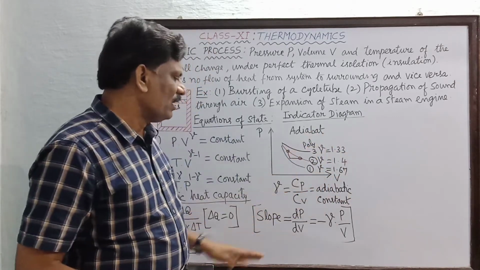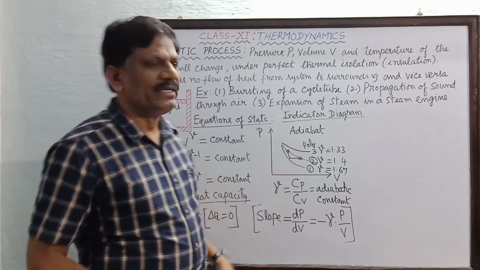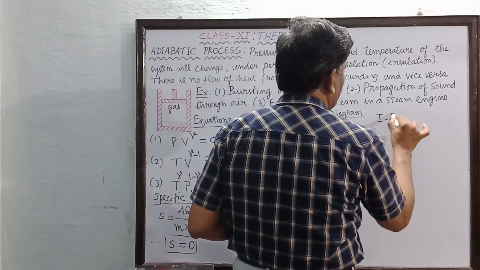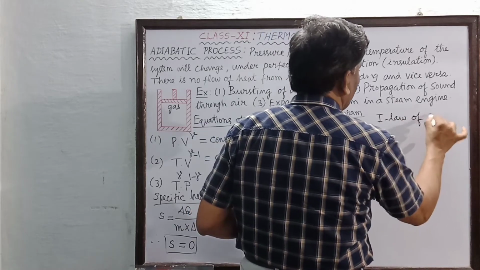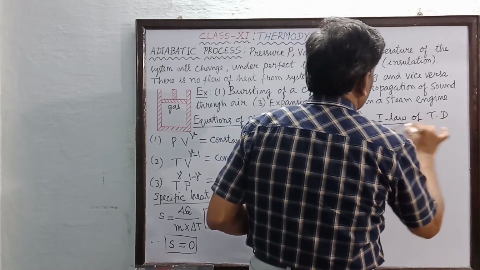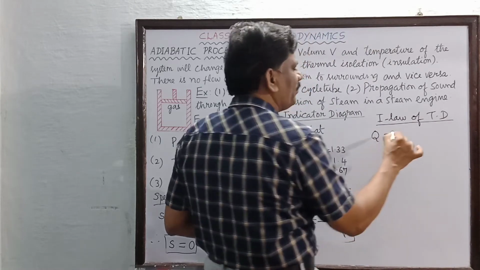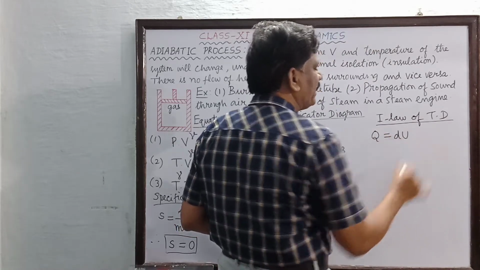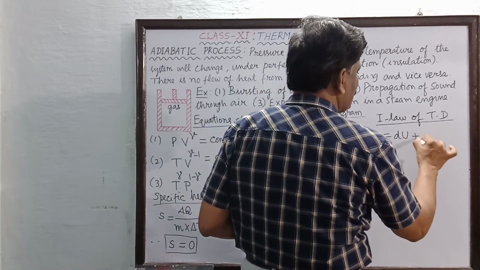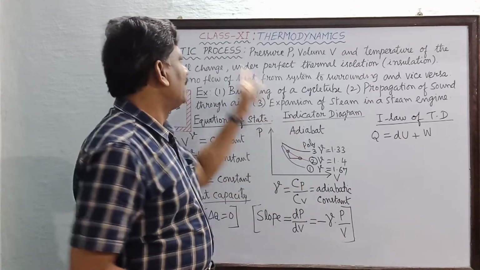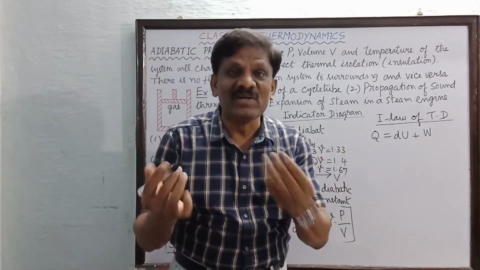Okay children, now after this I am going to write the first law of thermodynamics. In the first law of thermodynamics, the quantity of heat supplied to a system is equal to the change in the internal energy of the system plus work done. Is it not? But in the adiabatic process, what is Q equal to?